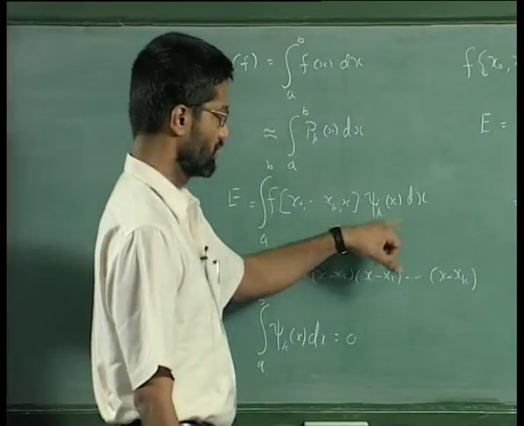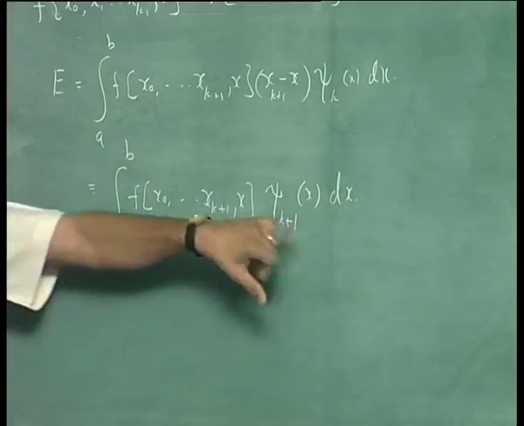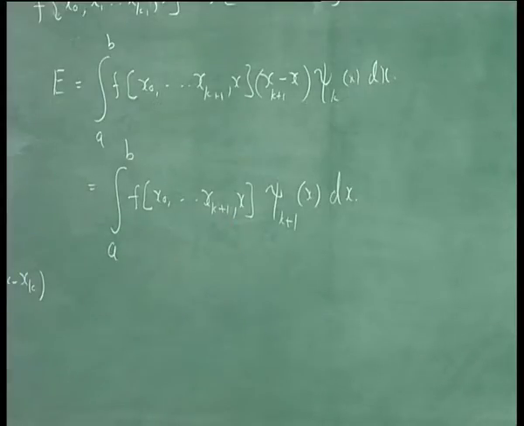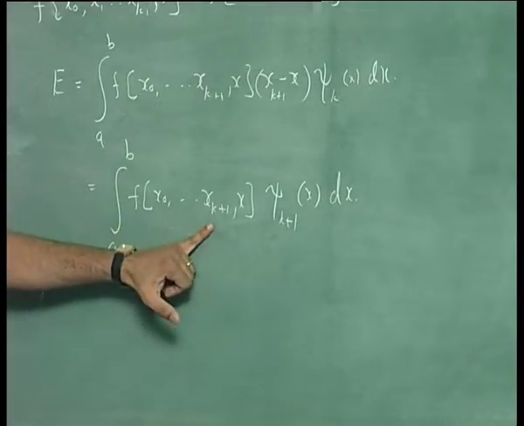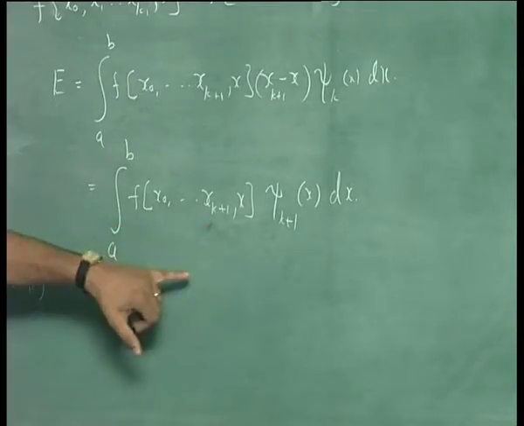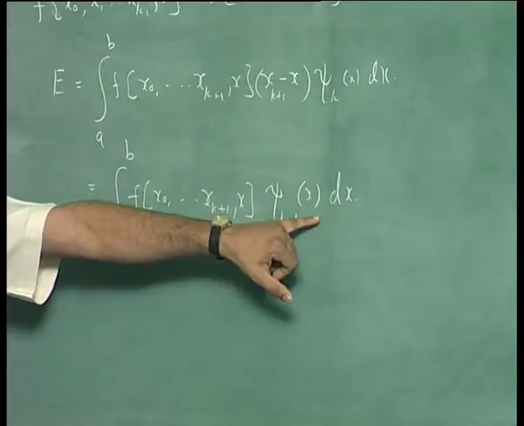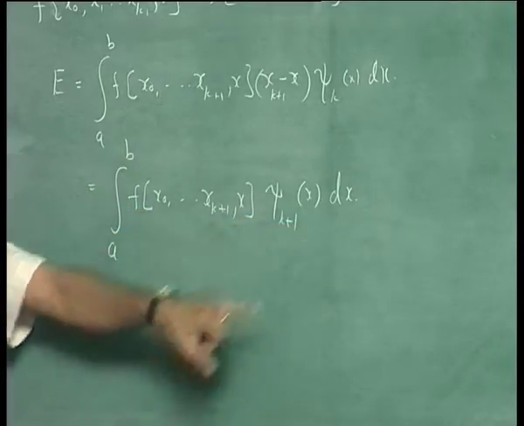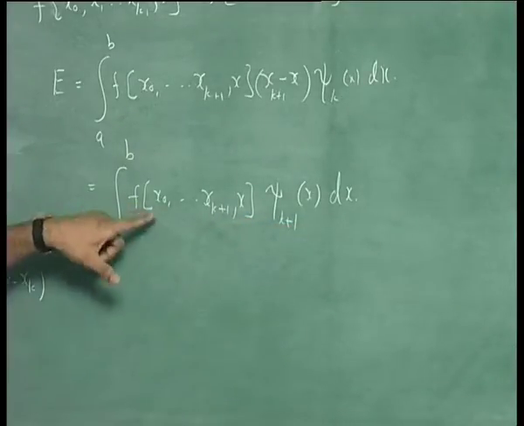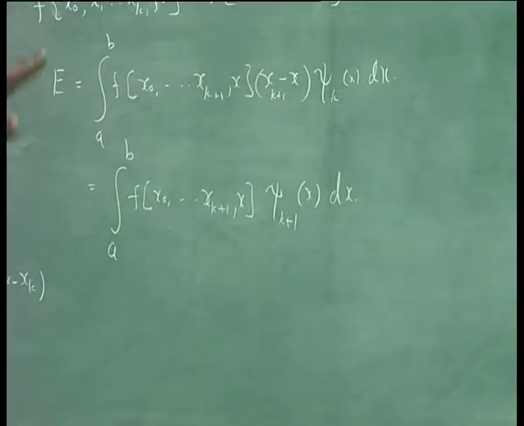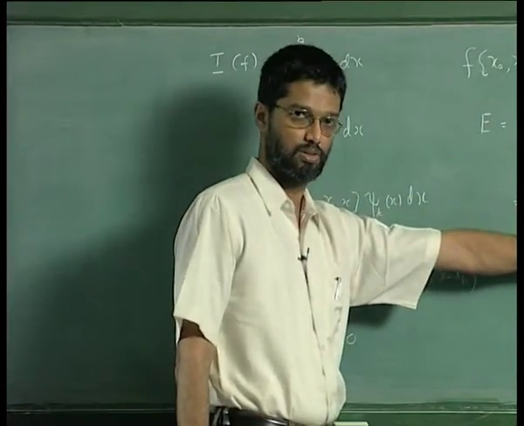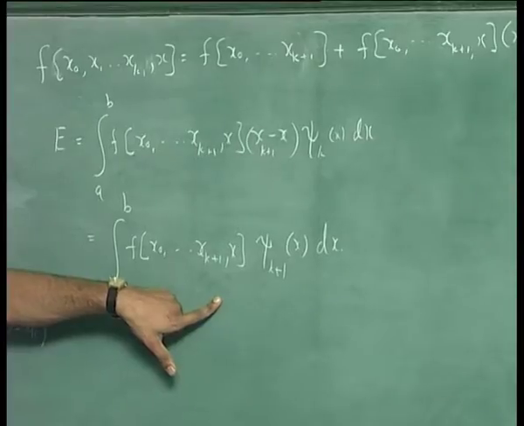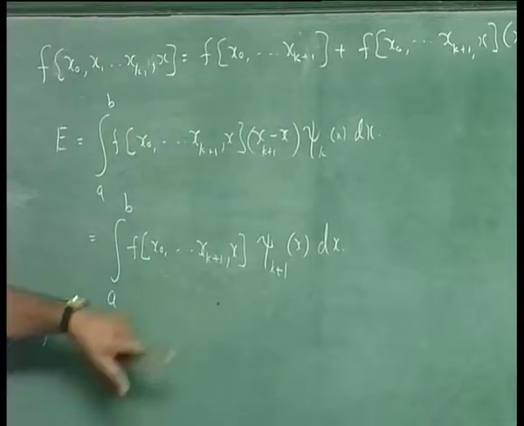So, the integral of the k plus 2 term in the polynomial. Then the k plus 1 term which we have chosen here was also such that the integral of psi k plus 1 dx is equal to 0, and then we can use the same argument and go to the k plus 3 order term in the polynomial.